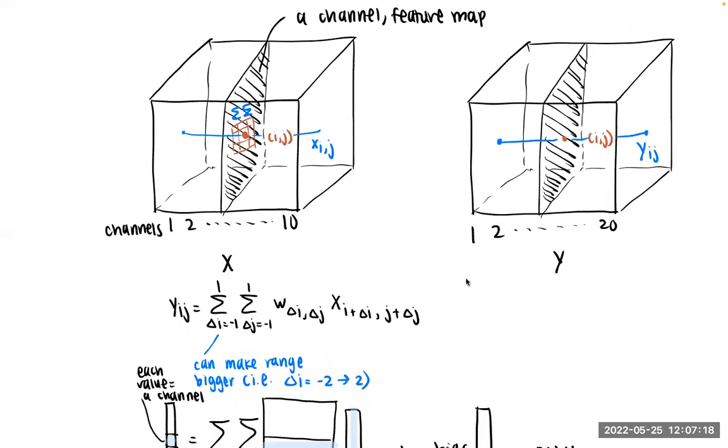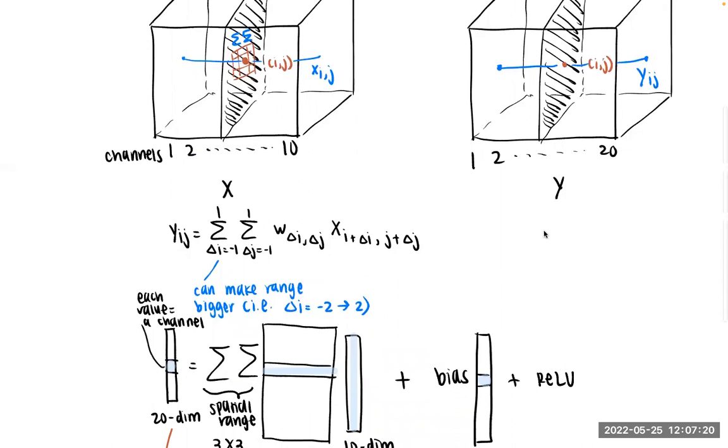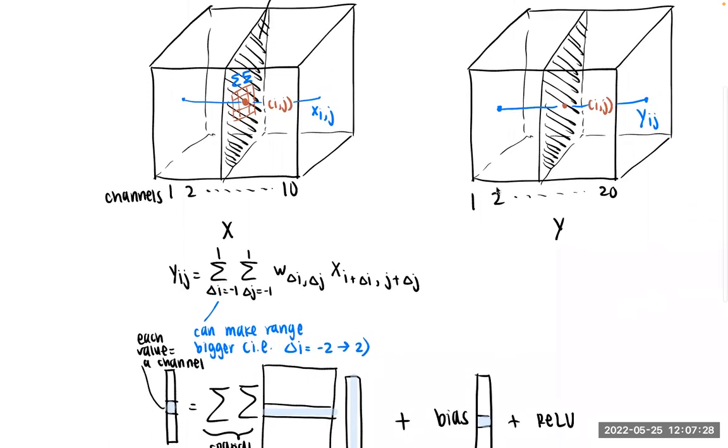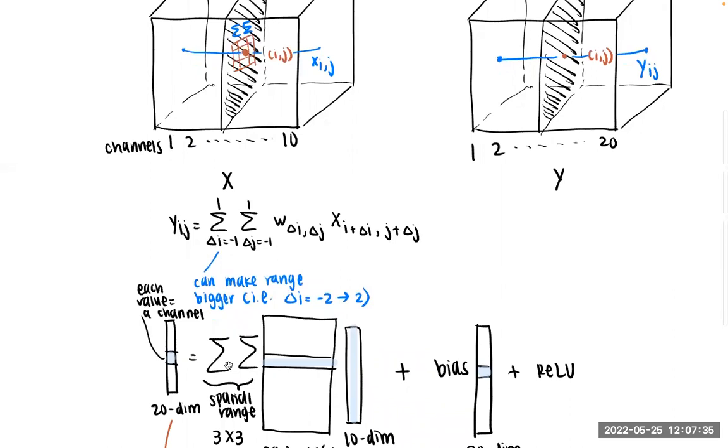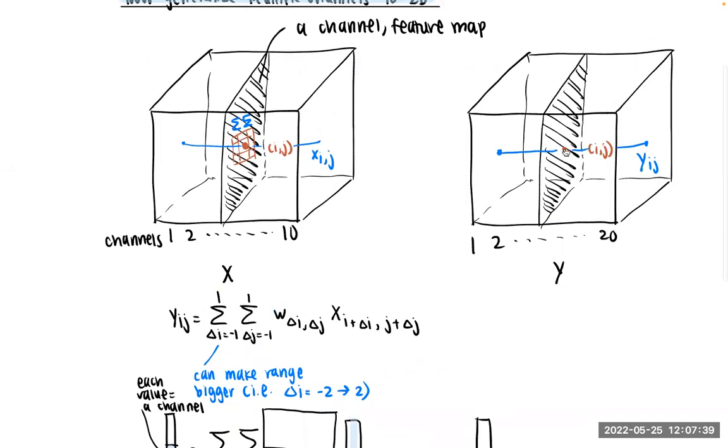More specifically, you can also think of this row vector as doing some composition. So this one is computed again in this summation, by linearly summing over these 9 values on this channel.